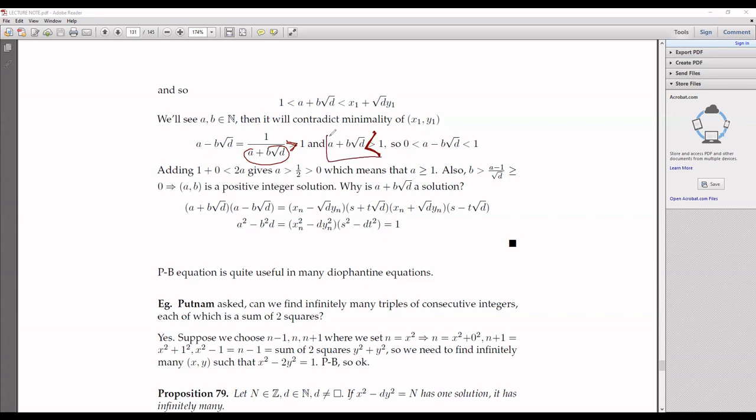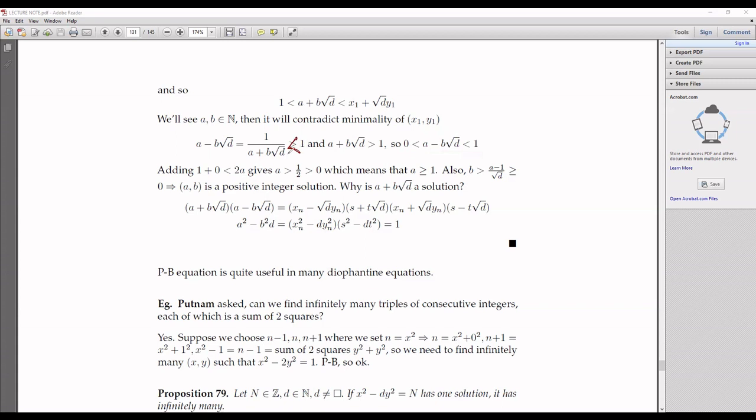So we have an inequality here, and also we have another inequality, which one? Basically a minus b root d is less than 1 here. Where is the confusion?